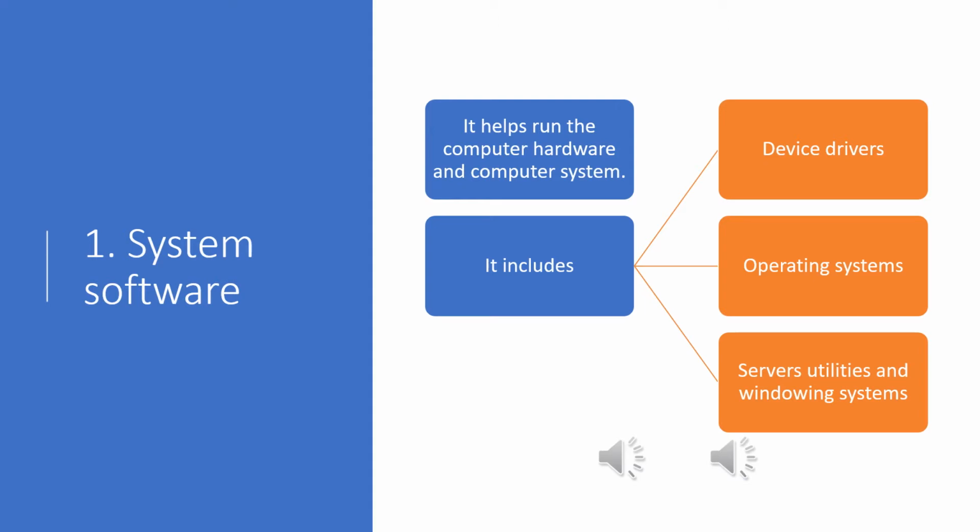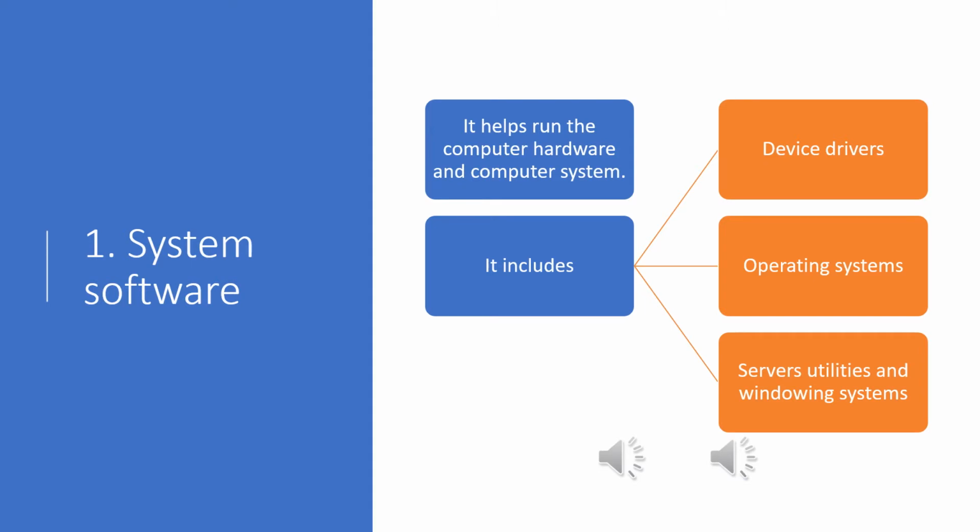The first area is system software. System software helps run the computer hardware and the entire computer system. The best example is the Windows system.